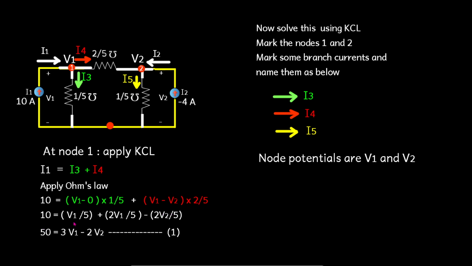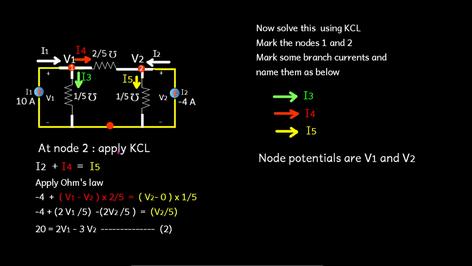So from this we can write 3V1 by 5 minus 2V2 by 5. When you multiply all these equations by 5, we get 50. Then the 5 and 5 get cancelled out, so you get 3V1. Here also 5 and 5 get cancelled, so you get minus 2V2. So we got the first equation.